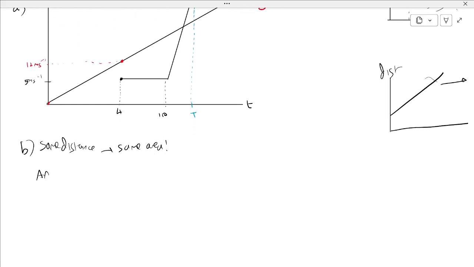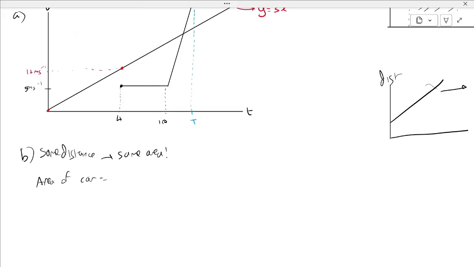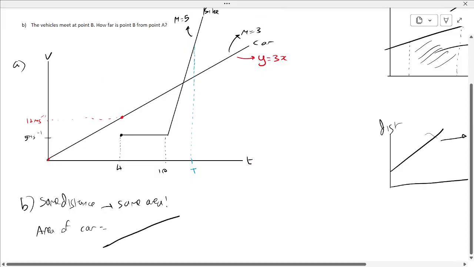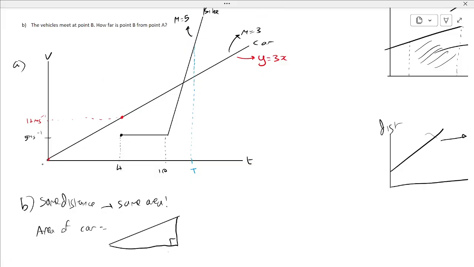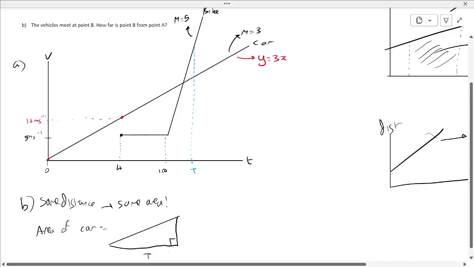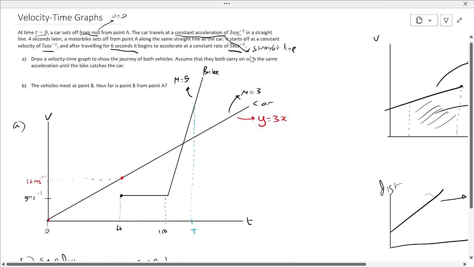So let's do the area of the car first. That's easiest. The car, because it's just a straight line, is just a triangle with base, it starts off at 0 and goes up to time t. And the height of this car, well, this is where we use our straight line equation.